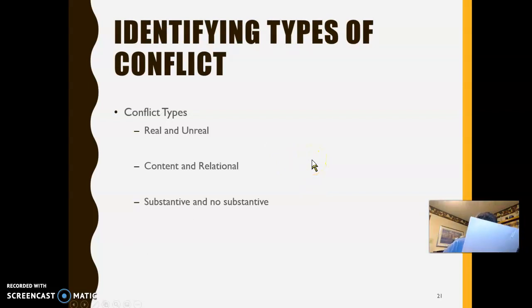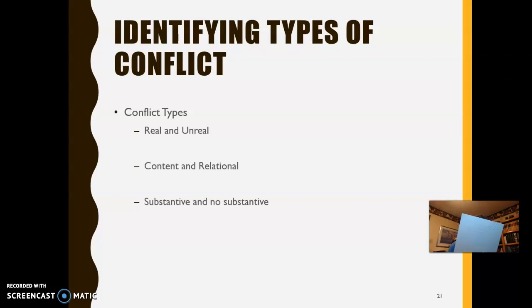And there are different types of conflict. There's real and unreal conflict. There is content conflict and relational conflict.